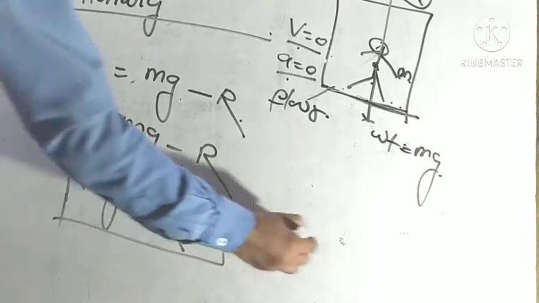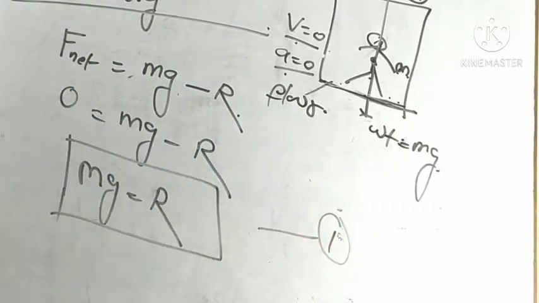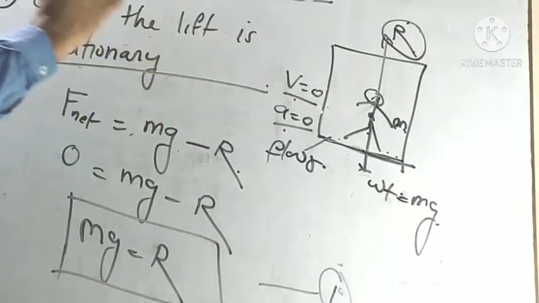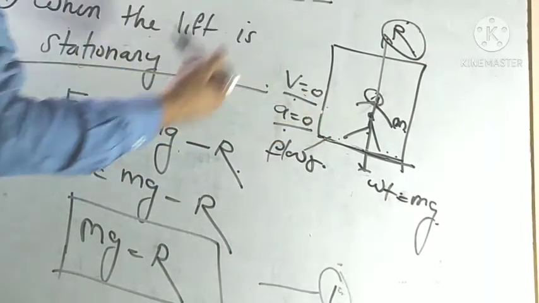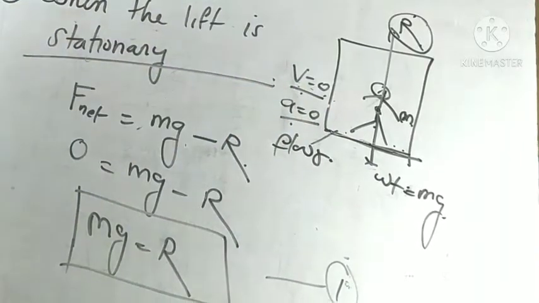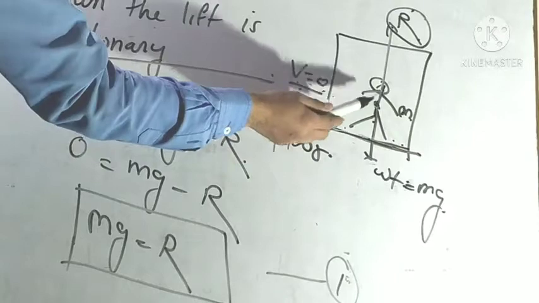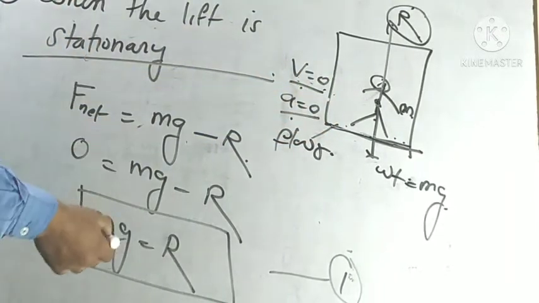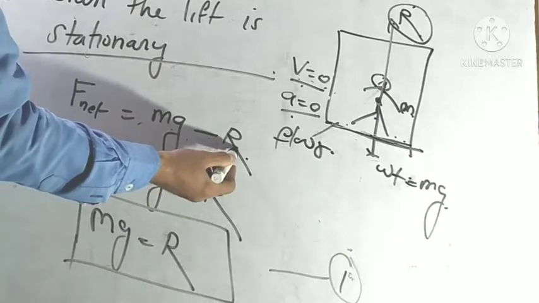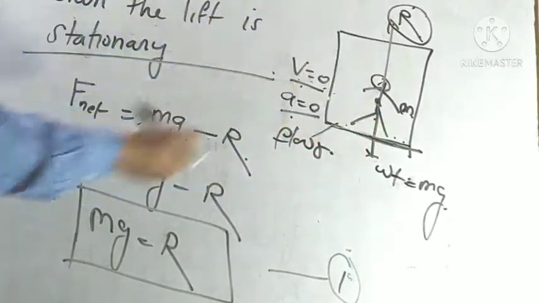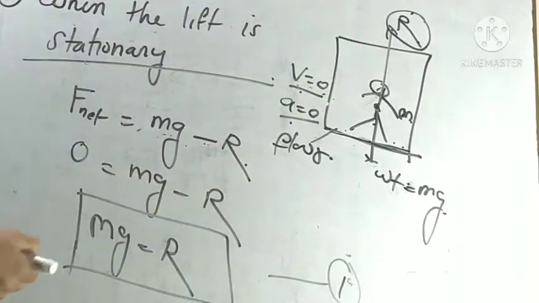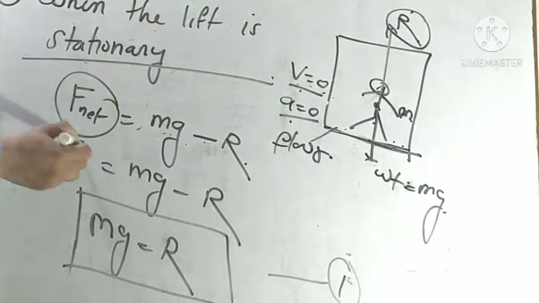This is case number 1. When the lift is stationary, at rest, velocity is equal to 0, so acceleration is also 0. There are only two forces working on this body: weight and the reaction force, so the net force is weight minus R, and F net is 0 here.